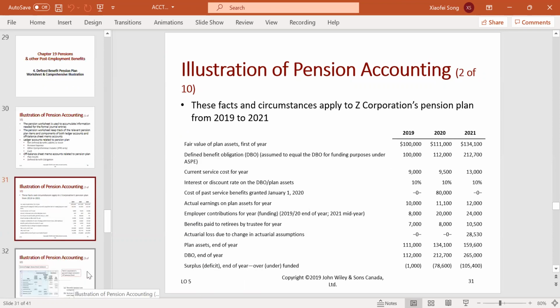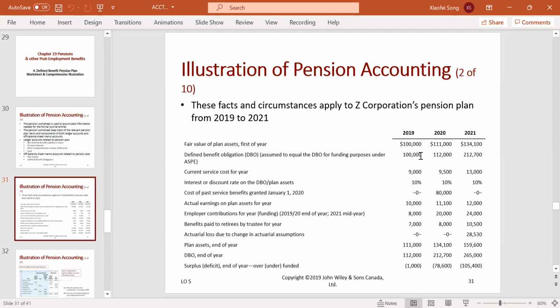So this is our illustration problem. There's more information given than we need, so we have a look here. We start out with plan assets and defined benefit obligation. In the first year of our example, 2019, both plan assets and the defined benefit obligation are 100,000.